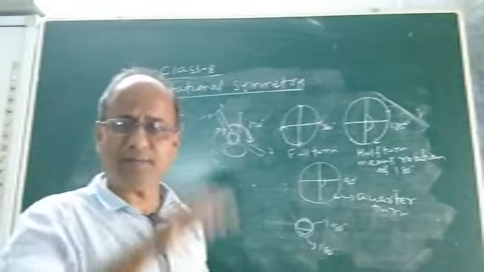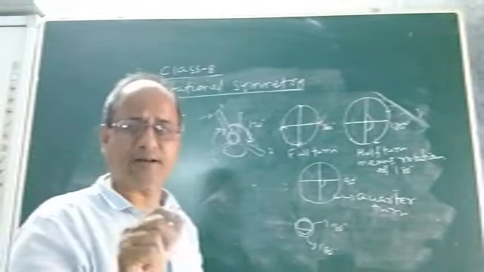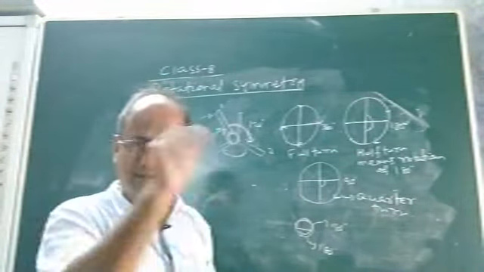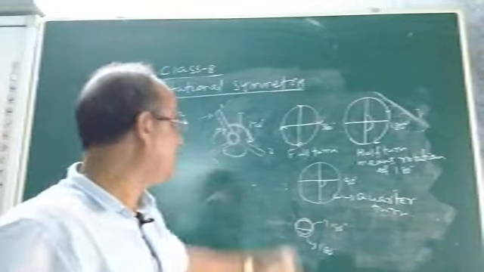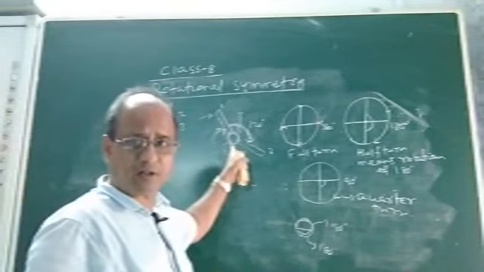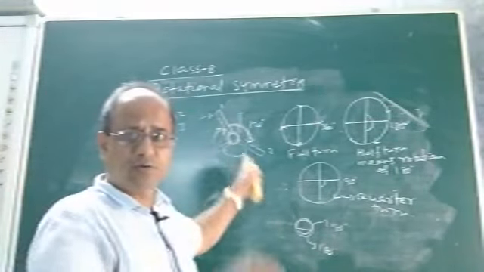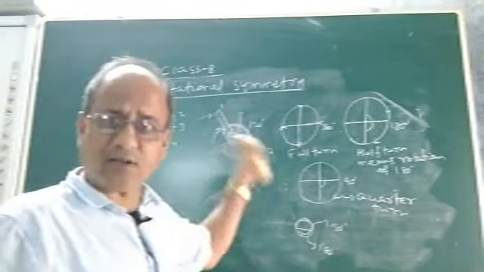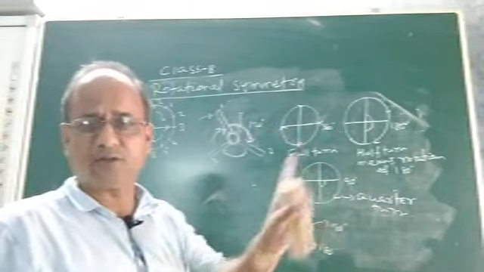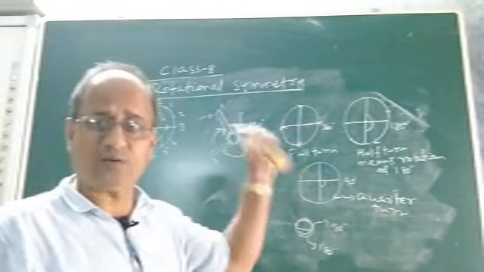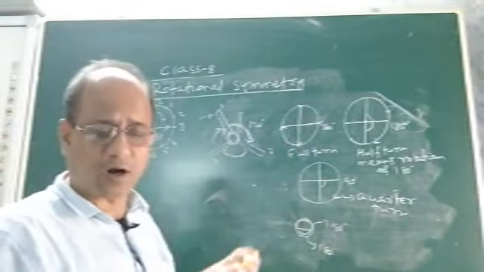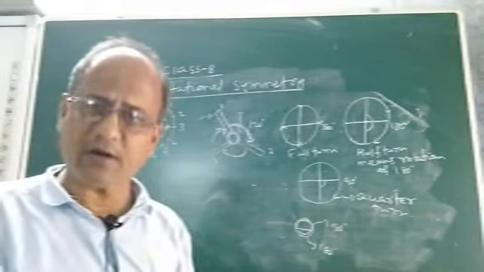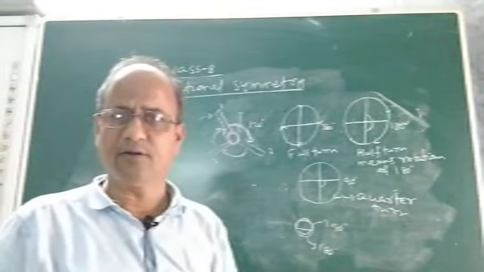It occurs 3 times. That means in a complete turn, children, through 360 degrees, the number of times we rotate the object such that it looks exactly the same as it was earlier is known as the order of rotation, or order of rotational symmetry of the object.